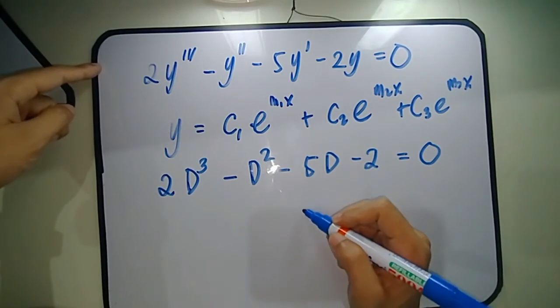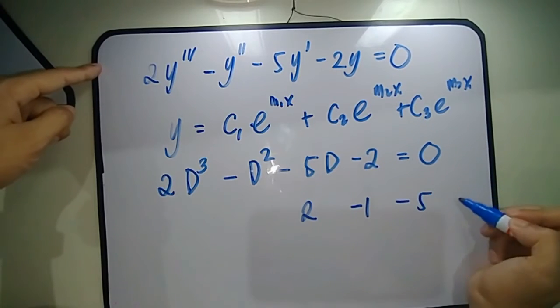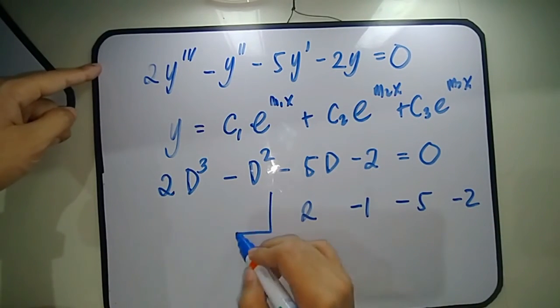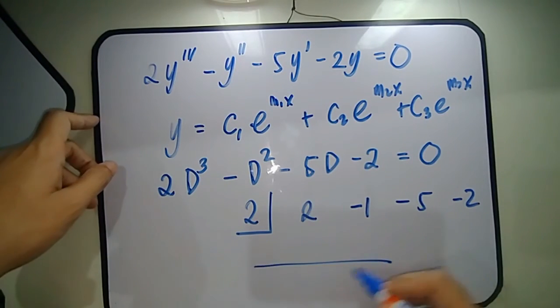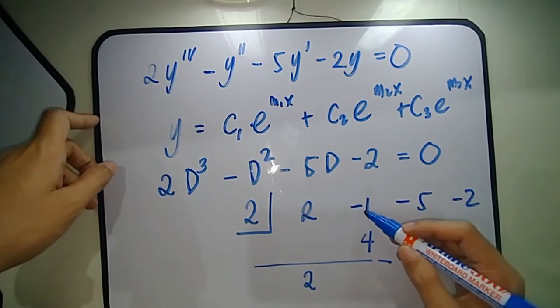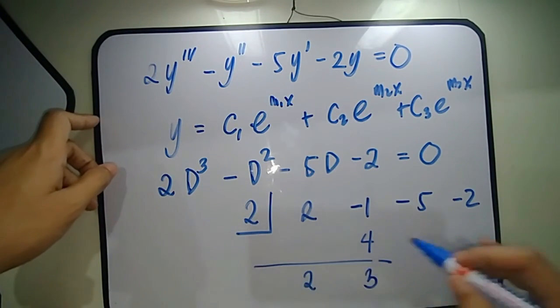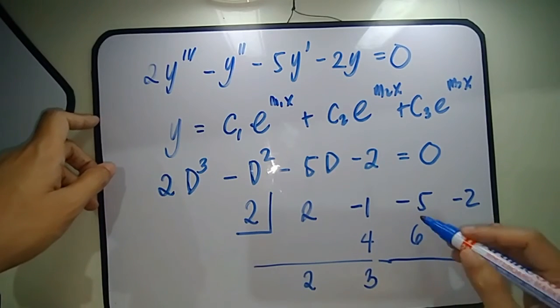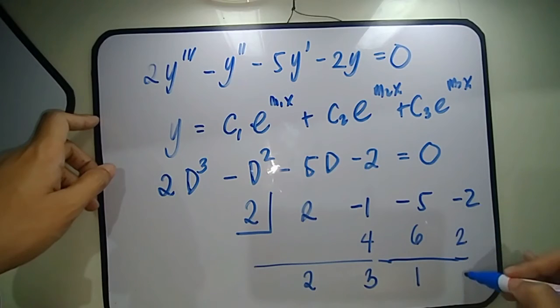We have here the coefficients, that is 2, negative 1, negative 5, negative 2. Let's say the factor is positive 2. Bring down the 2, then multiply. 2 times 2, 4. Add negative 1 plus 4, this is 3. 3 times 2, this is 6. So add, this is 1. 1 times 2, so 2. So negative 2 plus 2, so this is 0. So meaning 2 is a root.